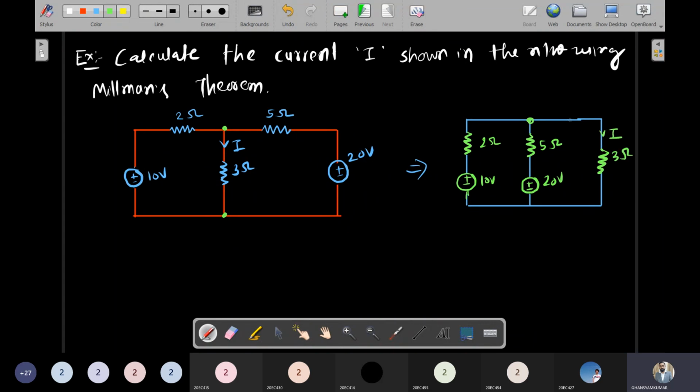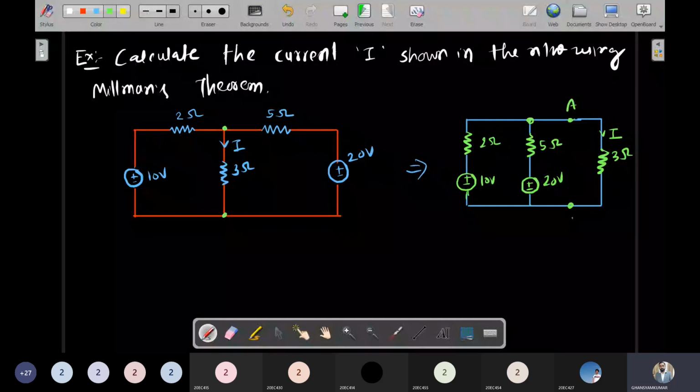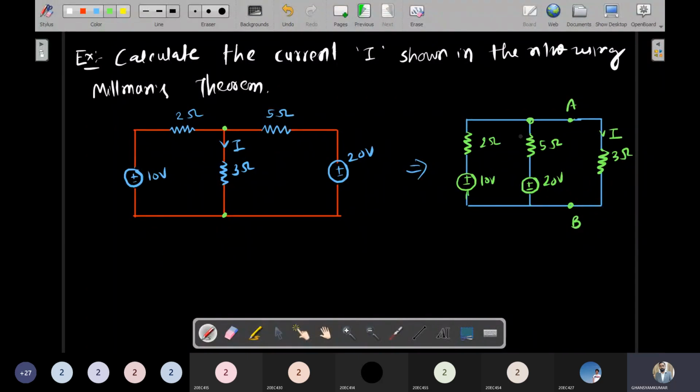I want to get this current I. Suppose this is terminal A, this is terminal B. I'm going to convert these two branches to a single branch, because both are parallel with each other and both sources are parallel with each other. So this is my V1, this is my V2, this is my Z1 and this is my Z2.